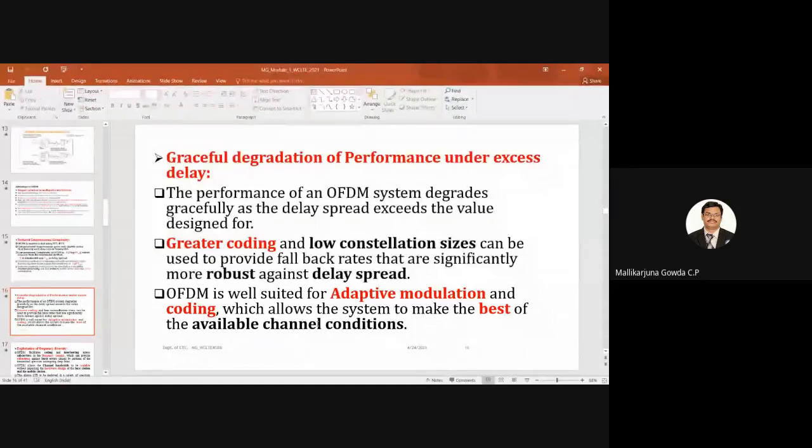This is a technique which allows the system to make the best of the available channel conditions. So under this, we say how the performance of OFDM decreases slowly when the delay spread increases to a certain extent.